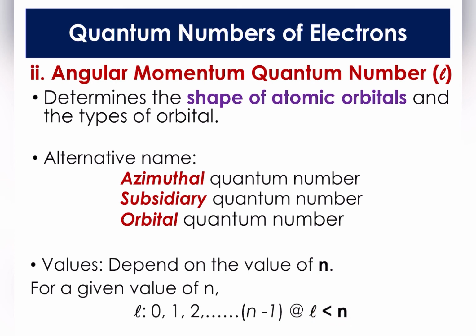So untuk contoh, for example, I have n equals to 1. So L will be less than 1 adalah 0. Tapi mesti positive value. So next one, I have n equals to 2. So L can be 0 dan juga 1. So that's how you want to determine the value of angular momentum quantum number.